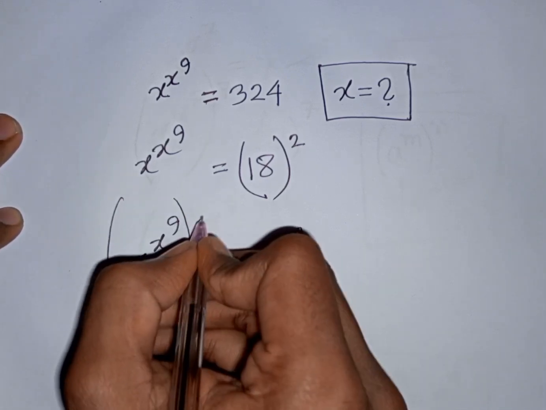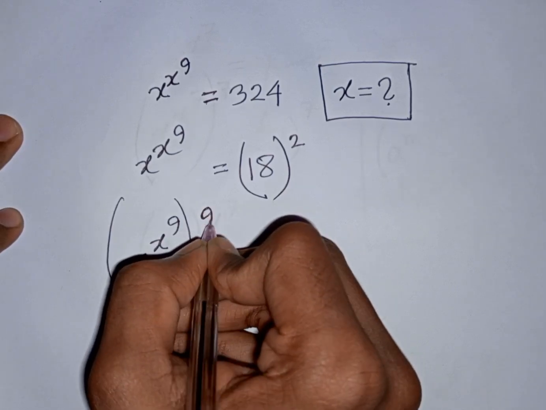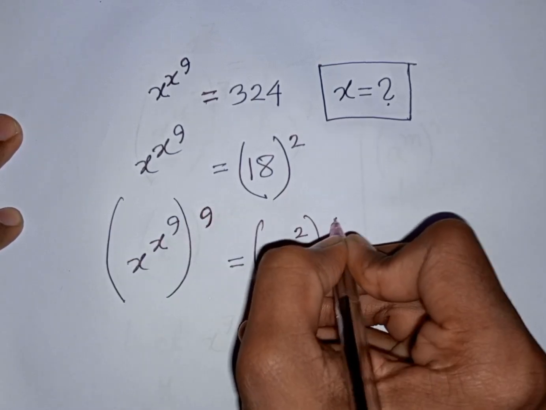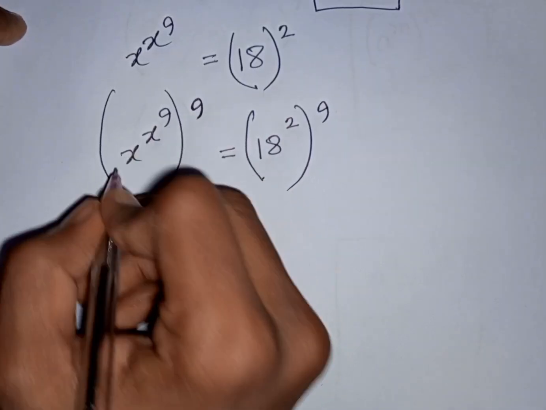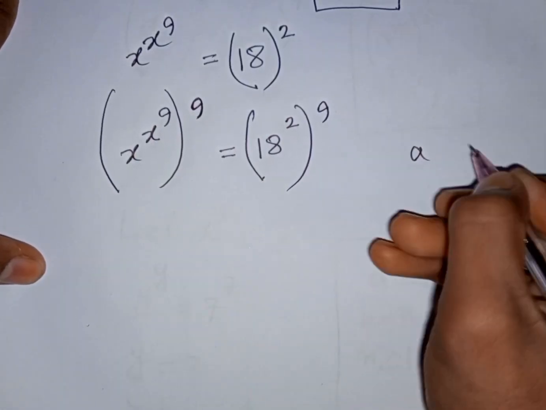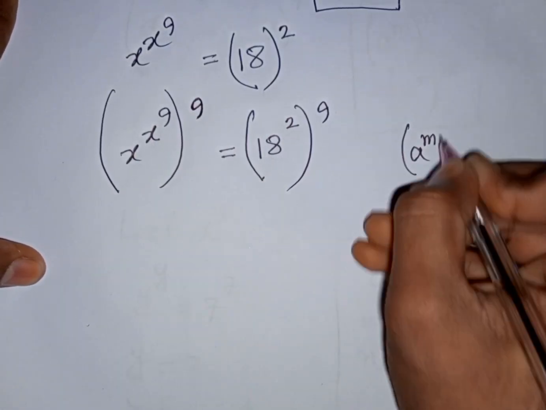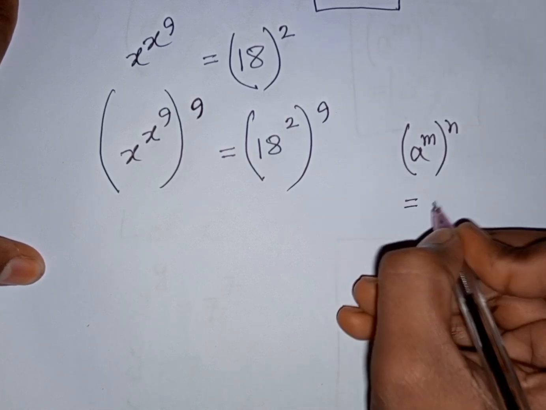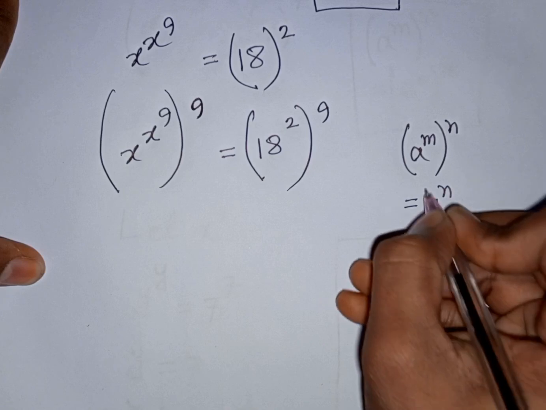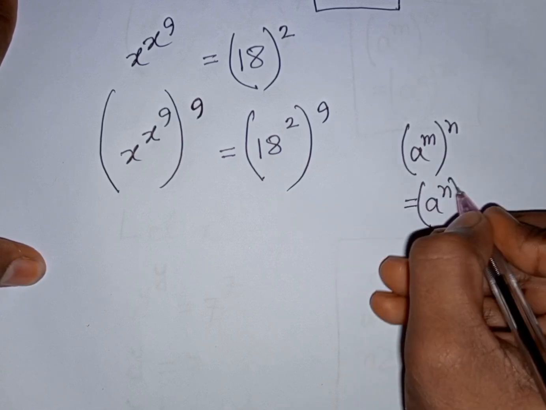Now we multiply by power of 9 on both sides. Here we can apply this exponential rule that (a power m) bracket power n is equal to (a power n) bracket power m.